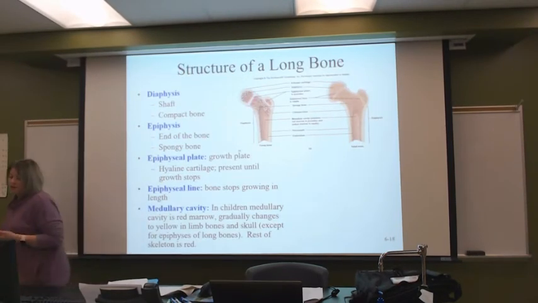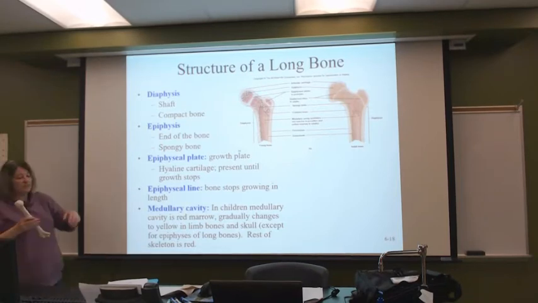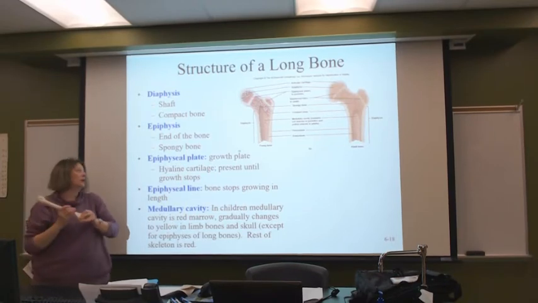When we talk about the structure of a long bone, it has different parts that make it up. The shaft, this portion right here, is also known as the diaphysis. The epiphysis will be the ends of the long bone.